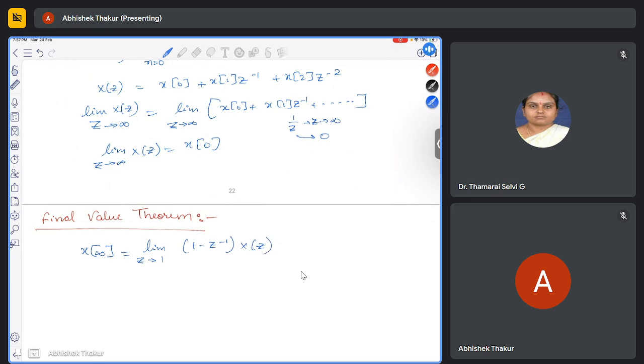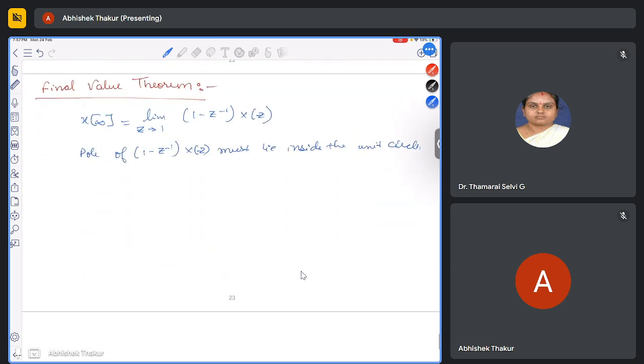And the whole of 1 minus z inverse times x of z must lie inside the unit circle. This should also be satisfied.